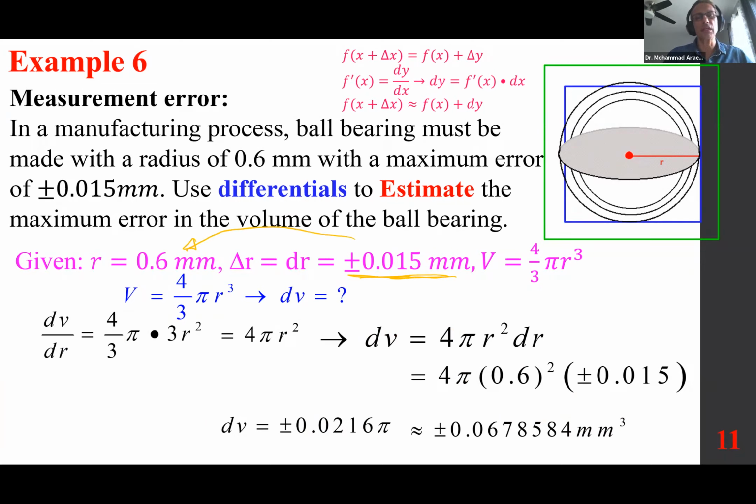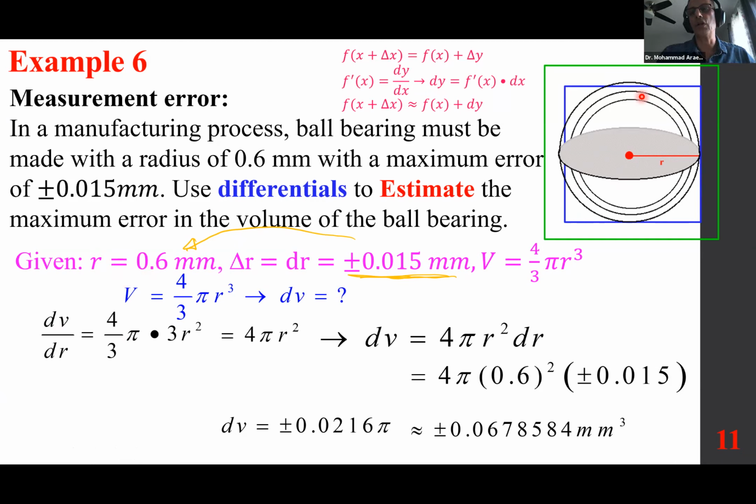In other words, 0.6 plus 0.015, calculate the volume, and then subtract the volume with the radius r equals 0.6 from it. That's one extreme. The other extreme is that you subtract 0.015 from 0.6, calculate the volume, and subtract that one from when the radius is 0.6. You do get two different volumes, and that's why we have three different cases.